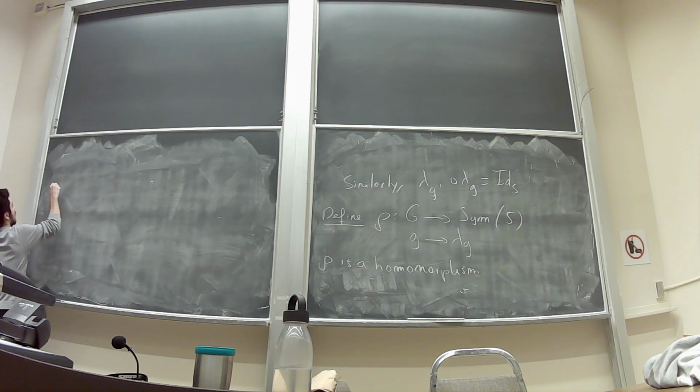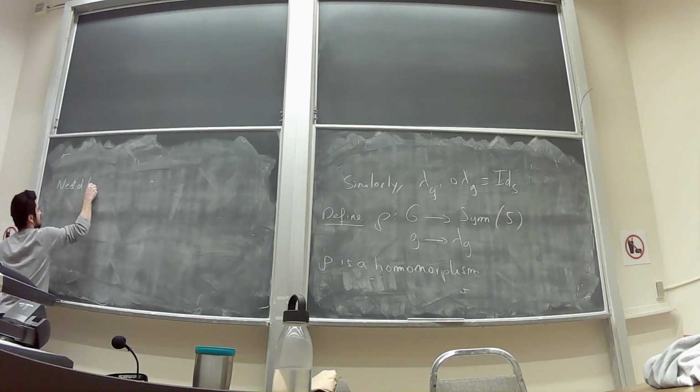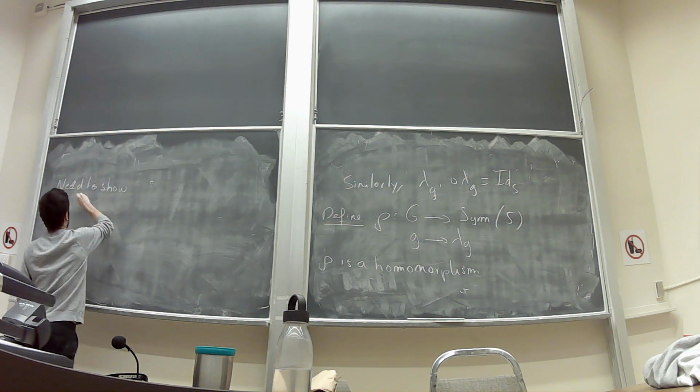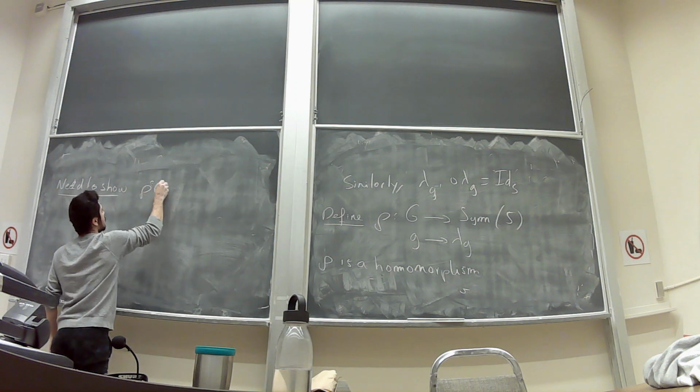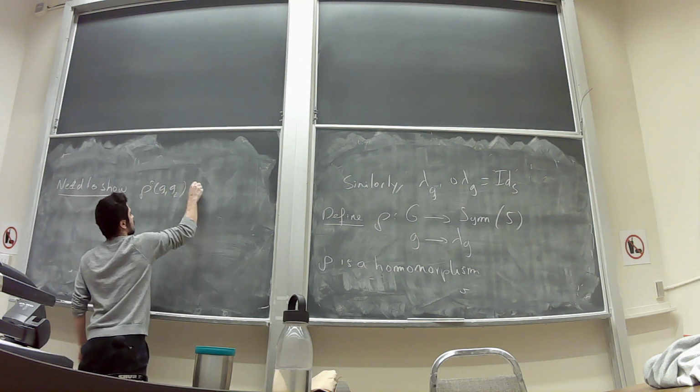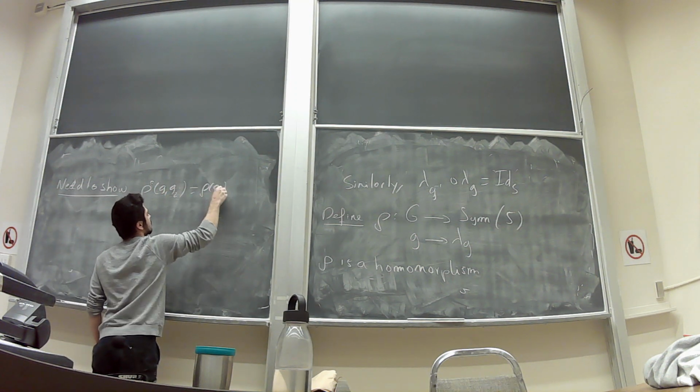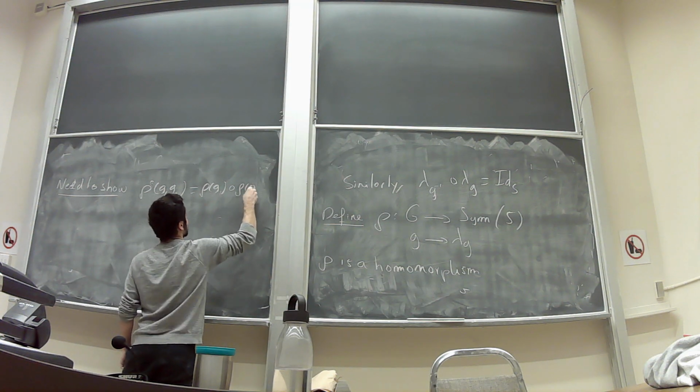Now, I need to show that rho of g1 g2 is equal to rho of g1 composed with rho of g2.